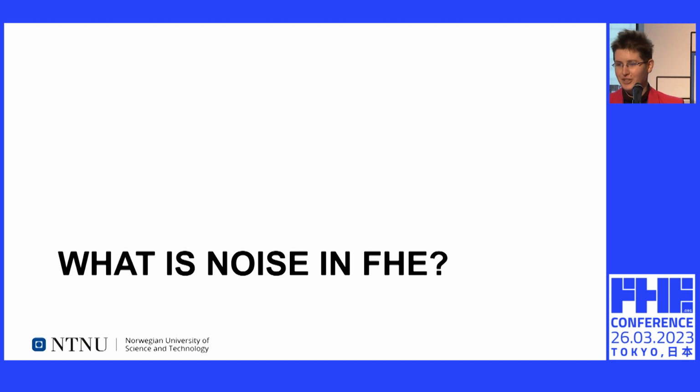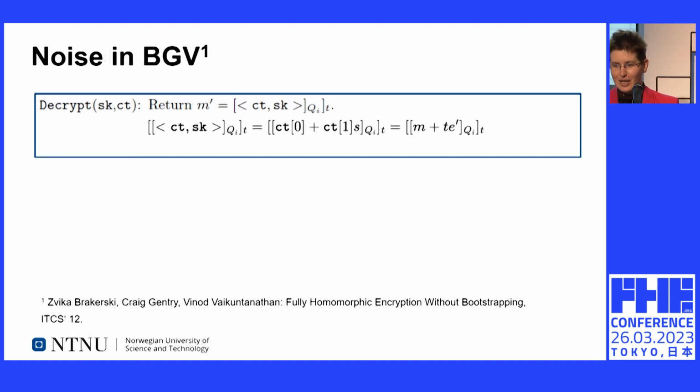Okay, so to the question, what is noise in FHE? Since I said I'm going to talk about a particular scheme, let's formulate this as what is noise in BGV. So this is the decryption function in BGV, and there we can see where the noise comes from. If we've got some ciphertext ct and a secret key sk, we decrypt by taking the scalar product between those two.